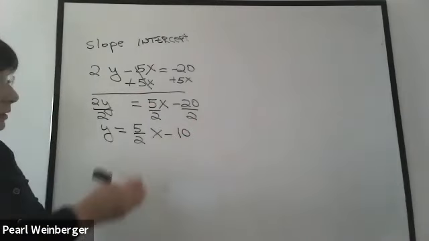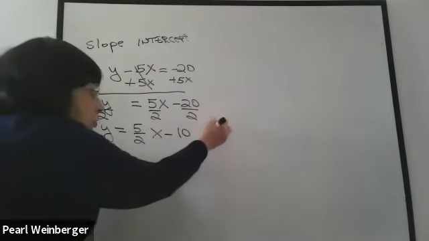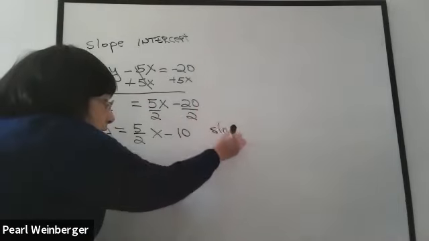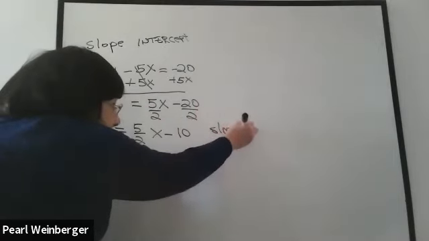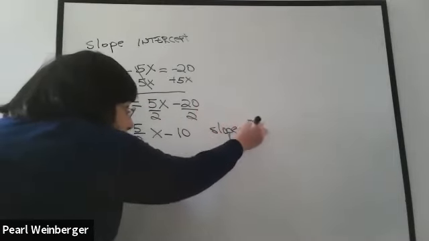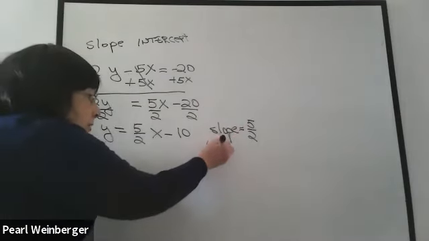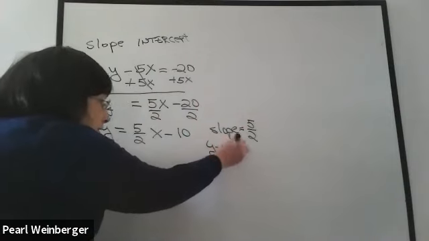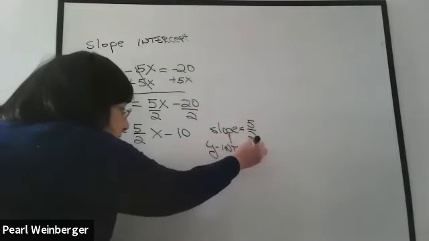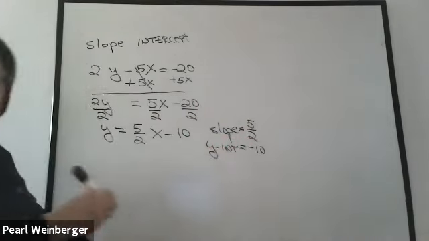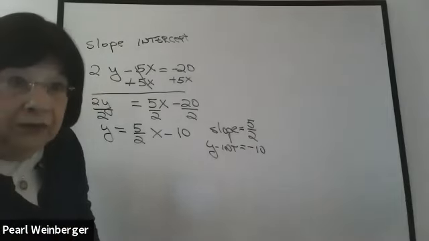My slope is the number in front of the x, which is 5/2, and the y-intercept is the number that isn't attached to the x, which is -10. Any questions about that?